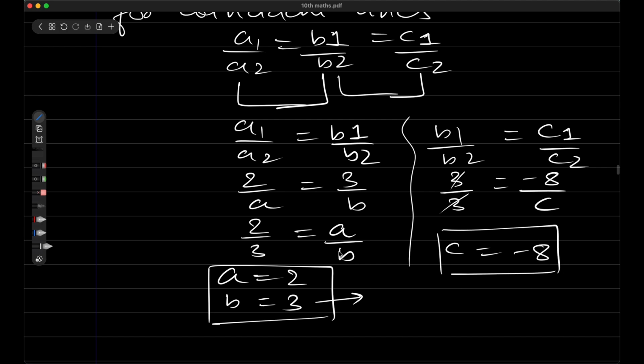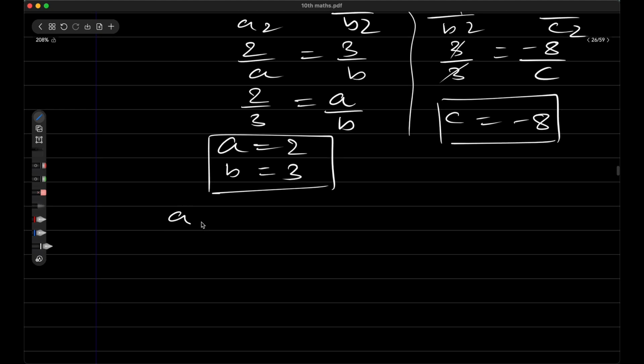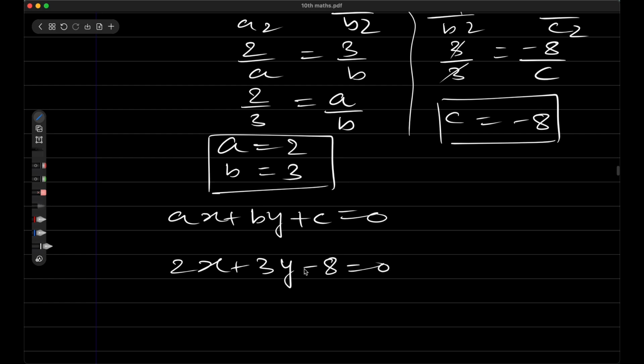We got all the coefficients, so we can write the equation, that is ax plus by plus c equals 0. We have a equals 2, b equals 3 and c equals minus 8, so 2x plus 3y minus 8 equals 0. This equation will form the two lines that are coincident.